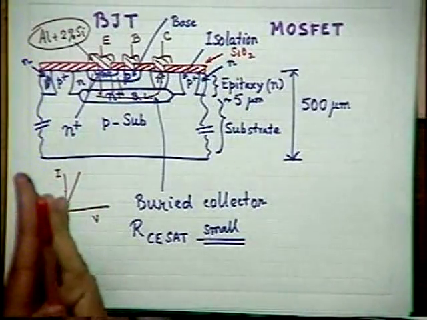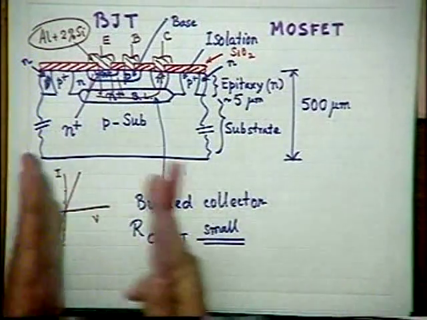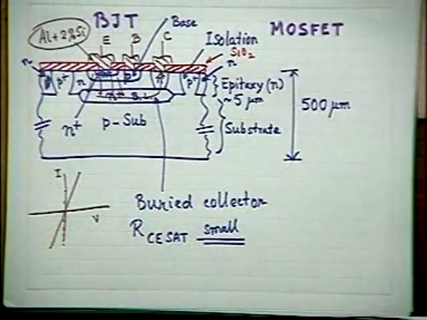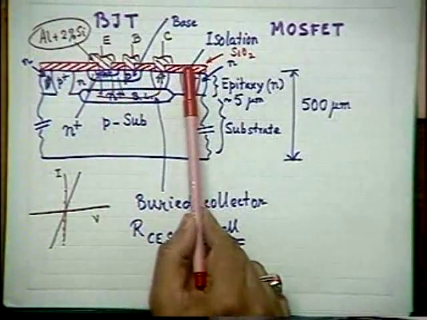On the other hand, what are the dimensions of the structure horizontally? These are all vertical dimensions, is it not? Layer dimensions. But what are the dimensions horizontally? They are normally of the order of tens of microns to hundreds of microns. So these dimensions are very large.